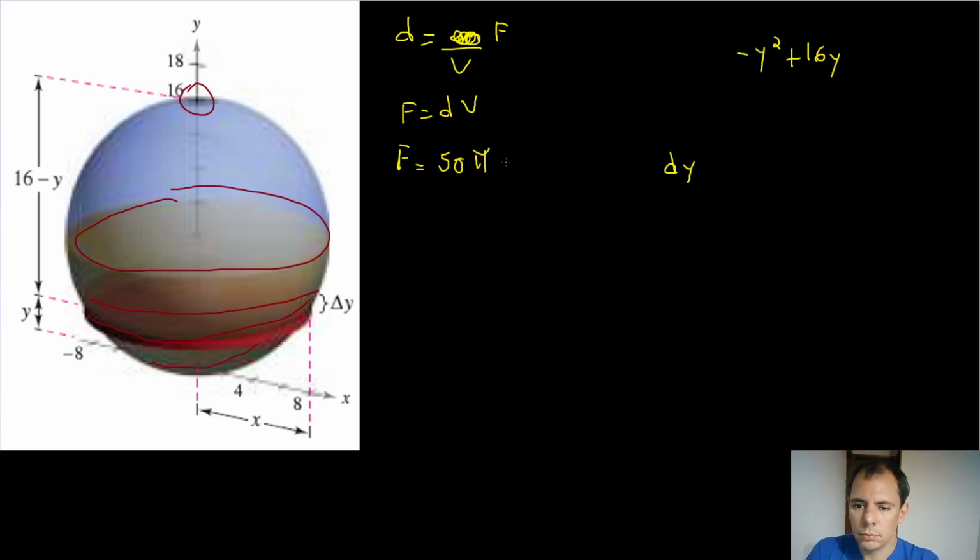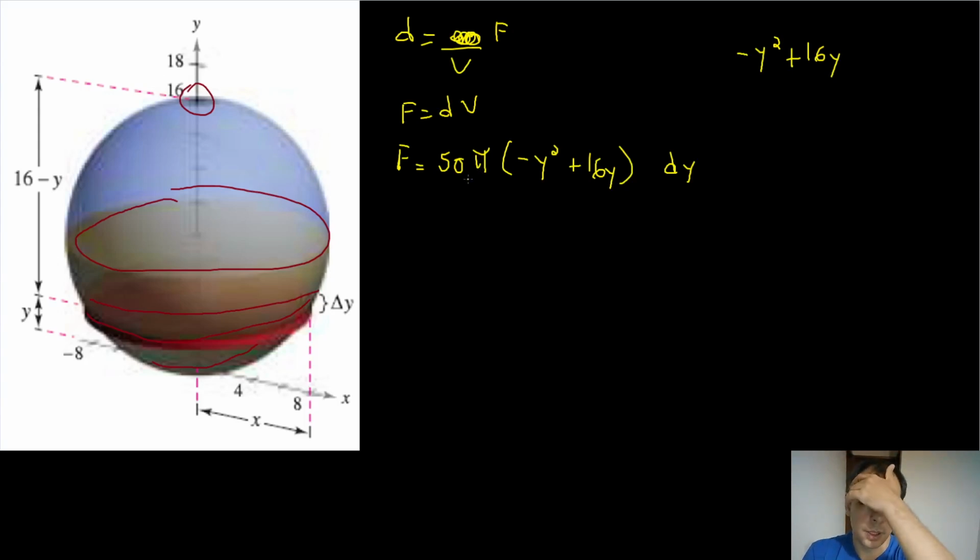Nah. Because it's multiplying. Whatever. So it's going to be minus y squared plus 16y, okay? And now you have the dy. This is going to be the force that is required for each one of these circles to go up.